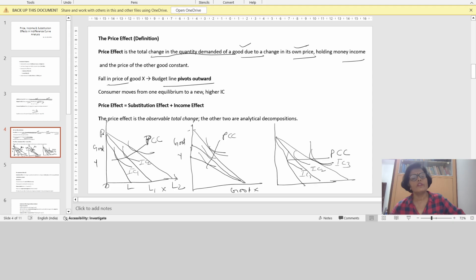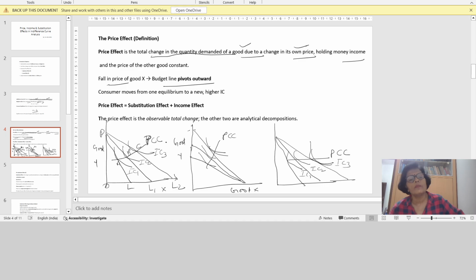When the price falls further, the new price line will be PL2, and the consumer will move from IC1 to IC2, IC2 to IC3. These equilibrium points A, B, C, when we join them, the curve which we get is known as PCC.